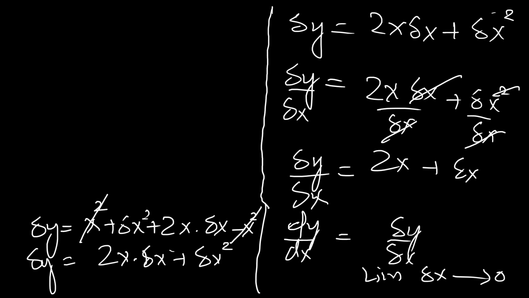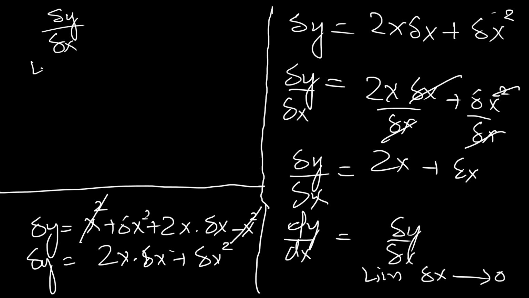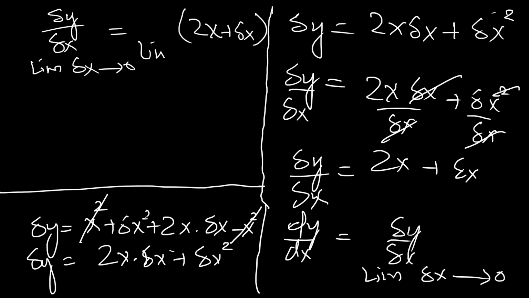Okay, so we're gonna drag it here, and we apply the limit on partial y by partial x. Limit partial x tends to 0 on the left hand side, and 2x plus partial x, limit partial x tends to 0.